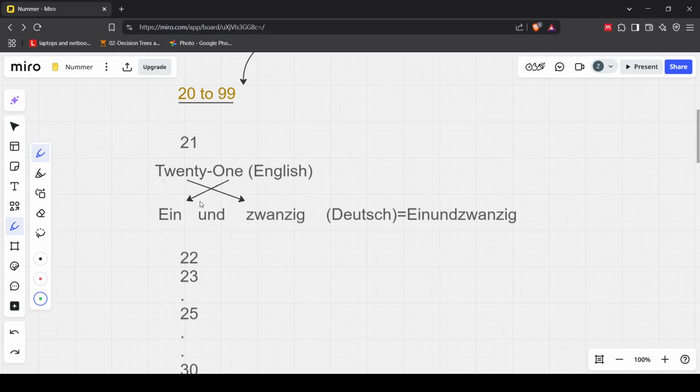We interchange the words. If it is 21, one becomes the first word and twenty becomes the second word, that means one and twenty. But we will write just 21.